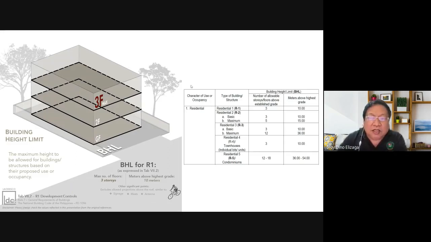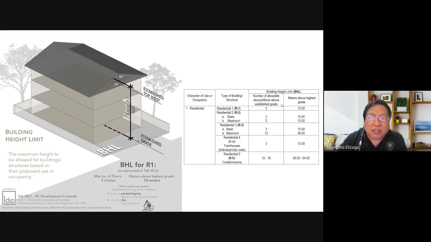But to count the height of the building when using a gable or hip roof, you establish it in between the top of the ridge and the top of the roof beam. Divide that by two, and that's where you get your 10 meters from the established grade.